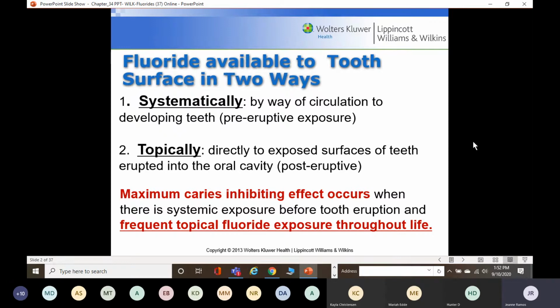So the maximum caries inhibiting effect occurs when there is a systemic exposure before tooth eruption and frequent topical fluoride exposure throughout life. So a systemic exposure before tooth eruption. So what they're talking about is a pregnant woman.